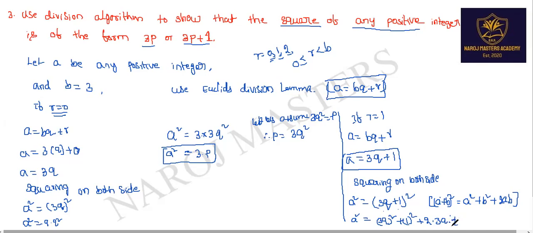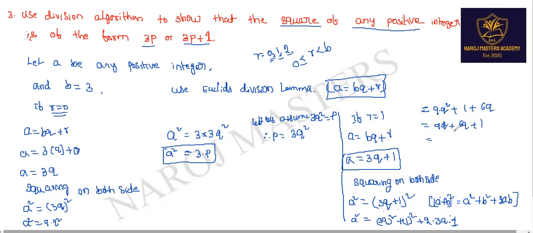So 3q into 1. Now 3q square means 9q square plus 1 plus 2 into 3q, meaning 6q. So rearrange this: 9q square plus 6q plus 1.